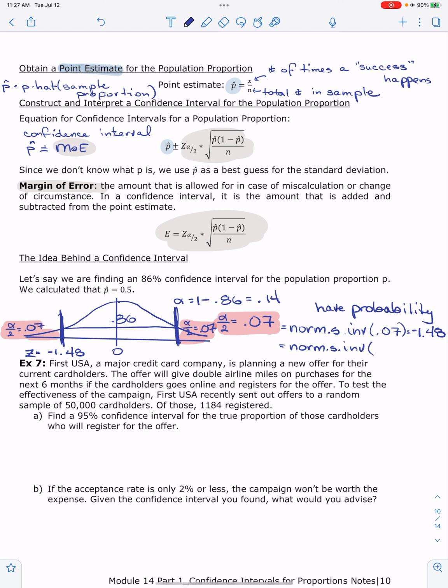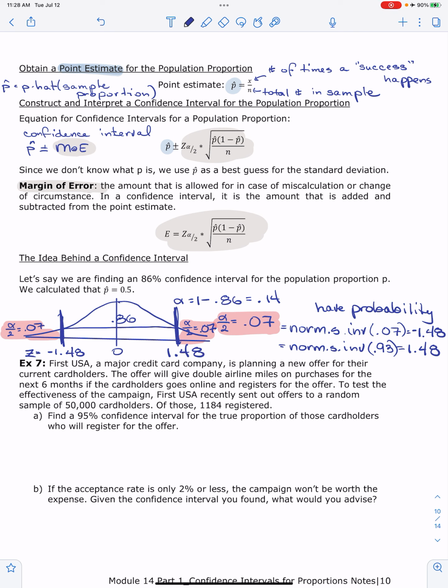Norm.s.inverse. This time I want 0.07 to the right, so 1 minus 0.07 gives me 0.93. We know that this is symmetric. I get a positive 1.4757, which rounded to two decimal places gives me 1.48.